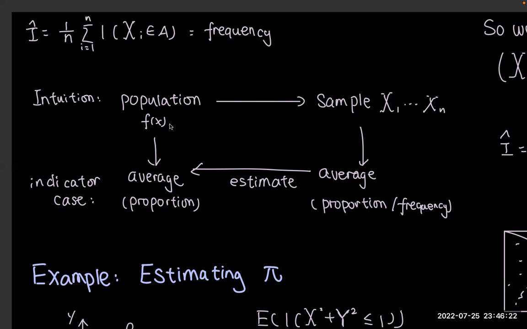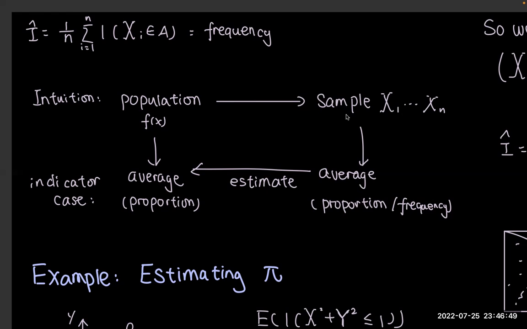When we say we draw IID samples from this density, it is like we randomly sample n points from this population repeatedly. Each time we randomly sample one point from this population, and we repeat the same sampling process n times. So we get a sample of n points from this population.